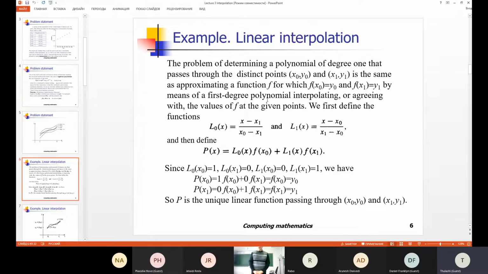And L1 equals x minus x0 over x1 minus x0.